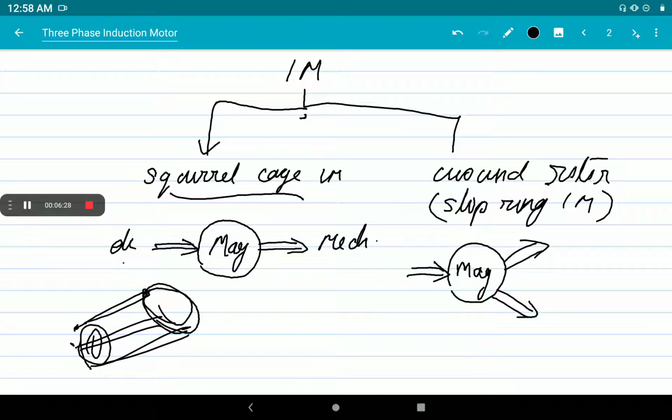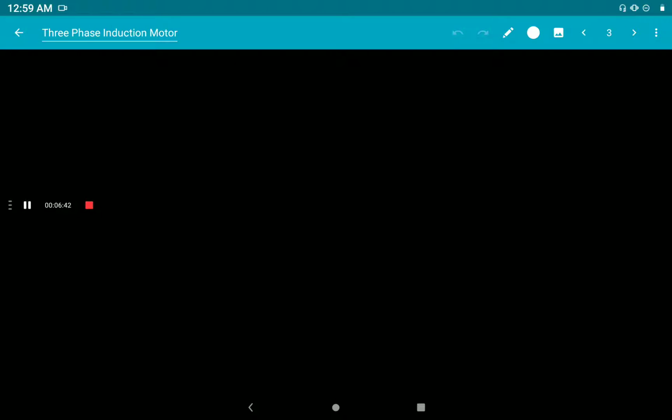From the brushes we can collect electrical energy as output or mechanical energy as output. So the induction motors are classified into two types: squirrel cage induction motor and wound rotor or slip ring induction motor.